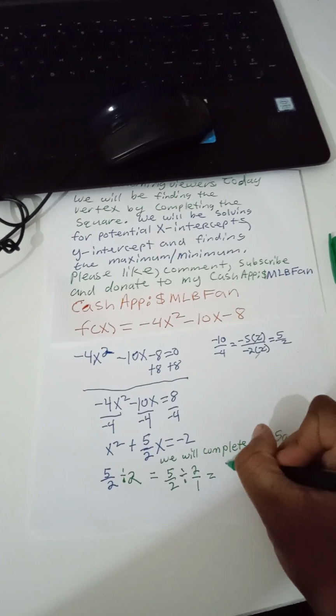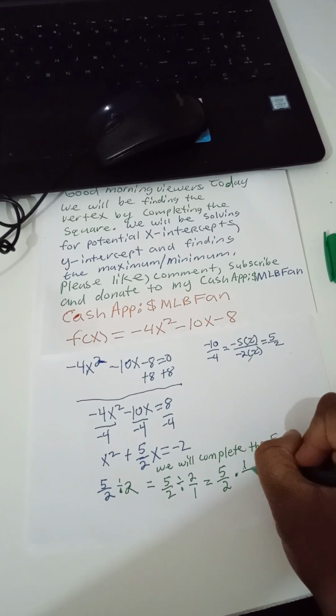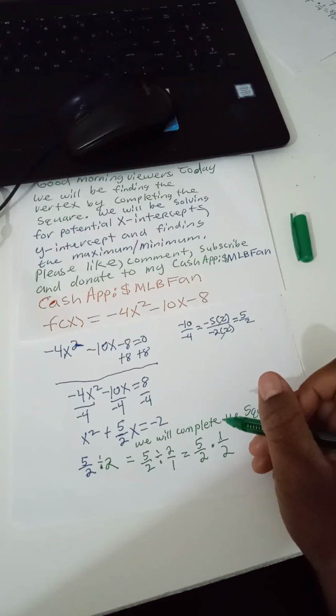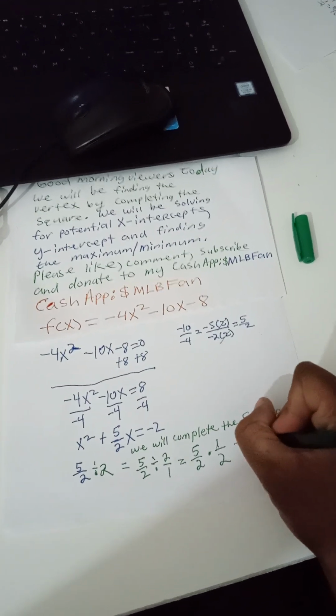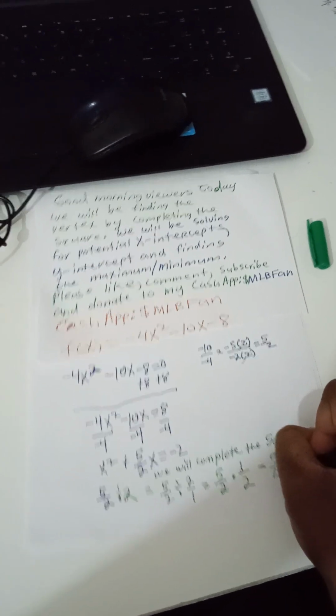And then we multiply by the reciprocal. We have 5 halves times 1 half. We flip 2 divided by 1 to multiplying by 1 half. And this will equal 5 over 4.